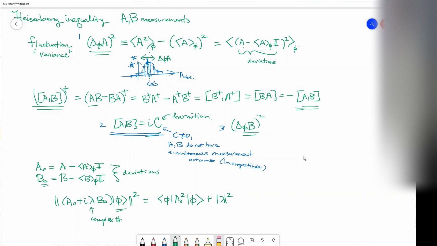Sometimes to get a connection between different pieces, like these 1, 2, 3 things, you just pick a linear combination of them, and then you use some property like that the magnitude of a vector in your Hilbert space is greater than or equal to 0, which is what we're doing here. We're taking these two operators acting on a state, and we know that the magnitude squared has to be greater than or equal to 0, because this is just another vector in your Hilbert space.